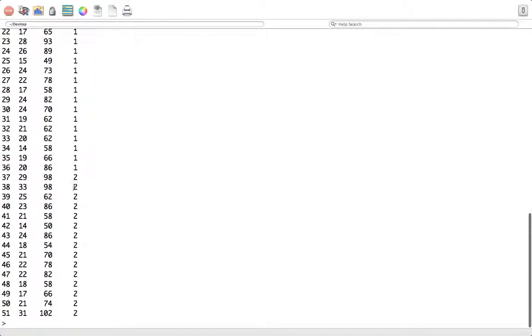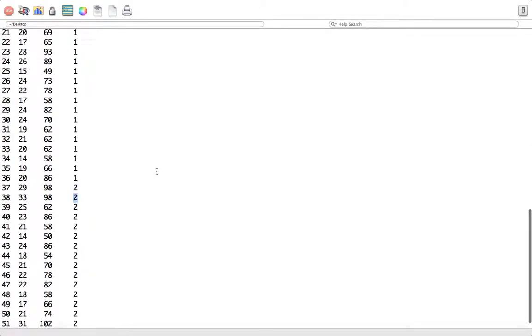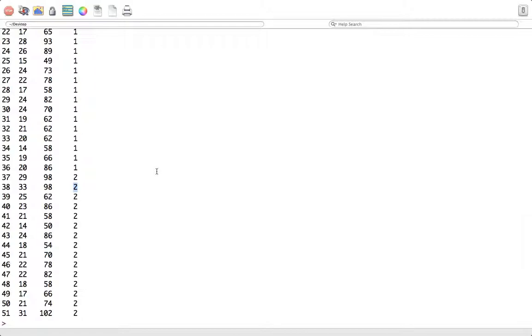And let's say that group number 2 is typical instruction, but using R as a statistical software package instead of using the online course management systems.